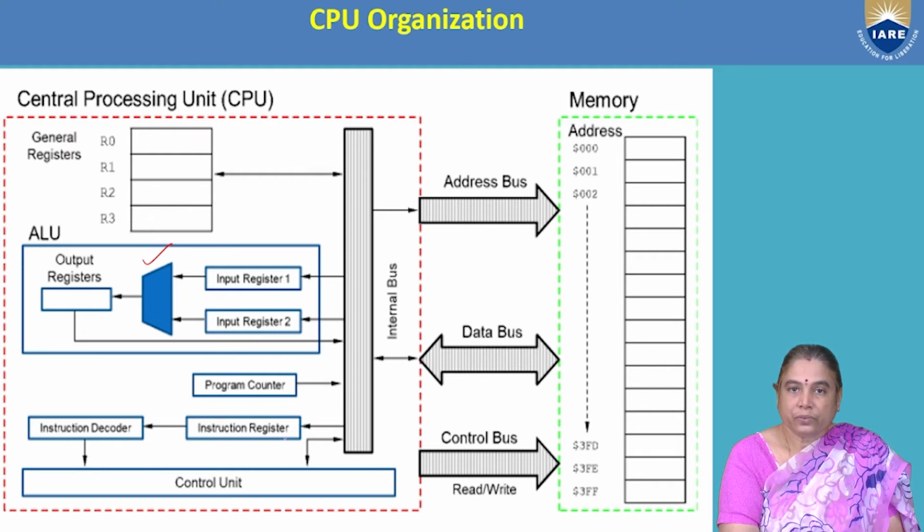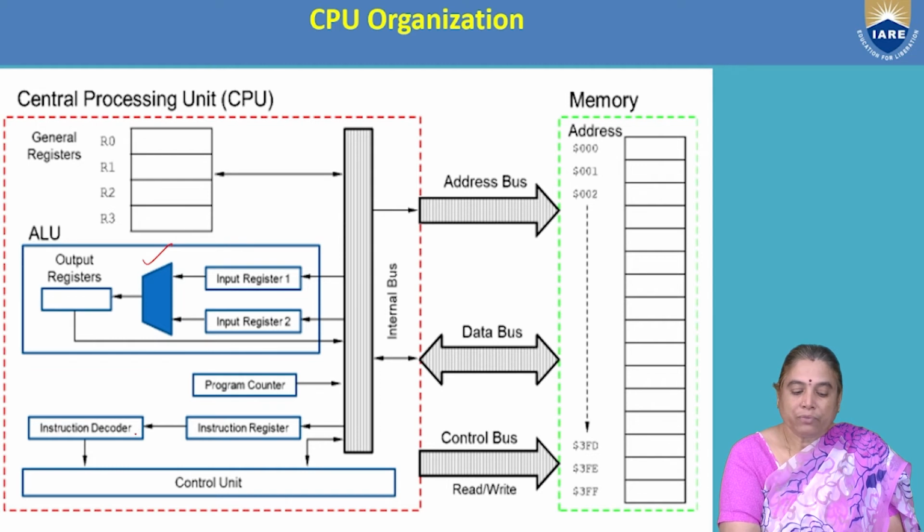The instruction register contains the address of the current instruction being executed by the CPU. The program counter holds the address of the next instruction to be taken by the CPU for execution. Here we also have the instruction decoder, which is used during the instruction cycle.